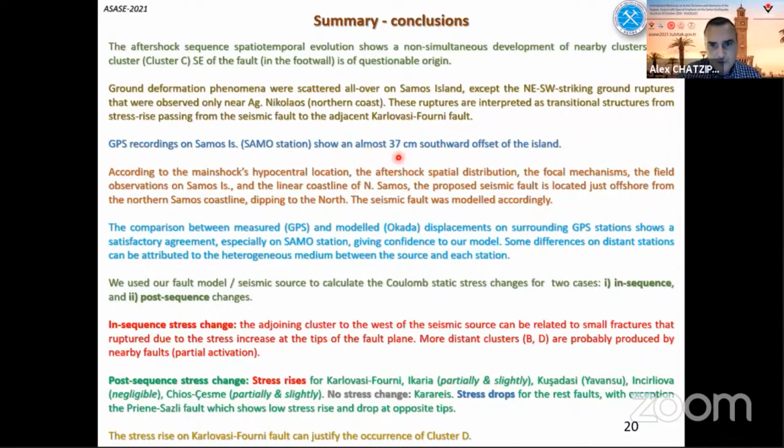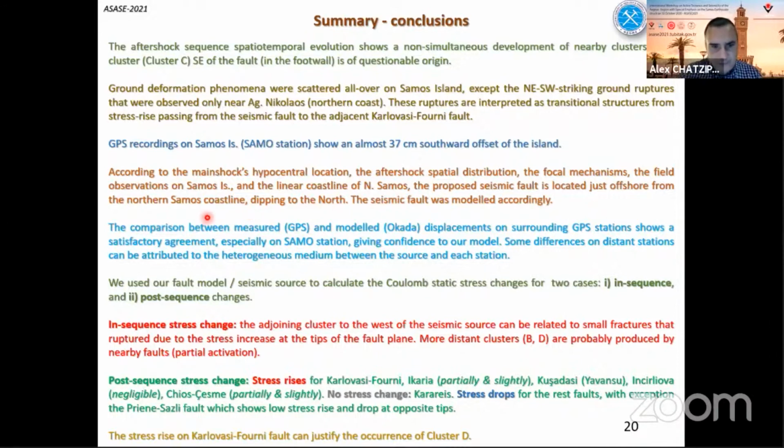Another important point is that the GPS recordings show a very large displacement of 37 centimeters, which was quite surprising, and much less displacement in other stations. However, this is consistent with the model that we propose.